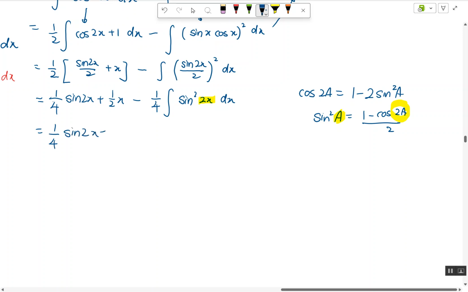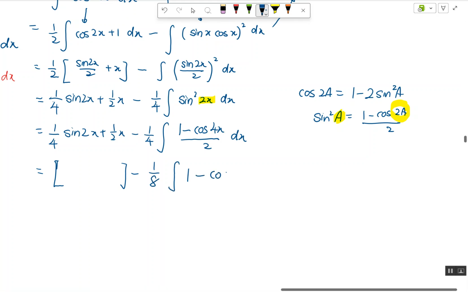The next step will be change this to 1 over 4, the integral of (1 minus cos 4x) over 2 dx. Bring the fraction out. I will have, just continue to write whatever is over here, minus 1 over 8 integrate 1 minus cos 4x dx. Integrate this, I'm going to get 1 over 8 (x minus sine 4x over 4).